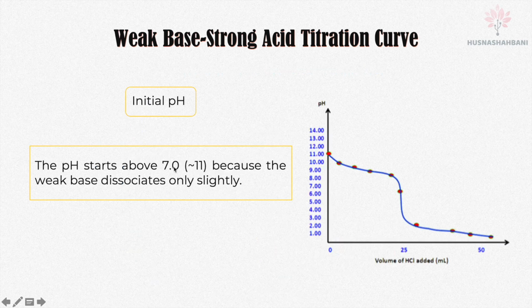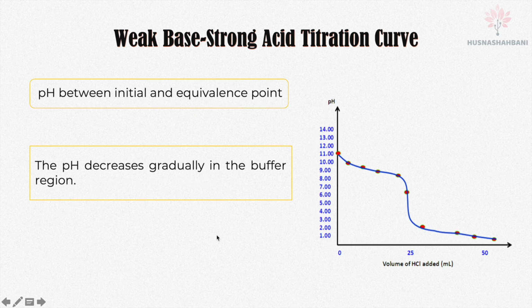The initial pH starts above 7 because this is a weak base. It's not almost 14, that's for a strong base. We are using a weak base, so the pH starts slightly above 7, around pH 11, because the weak base dissociates only slightly. And then the pH between the initial point and the equivalence point decreases gradually in the buffer region.